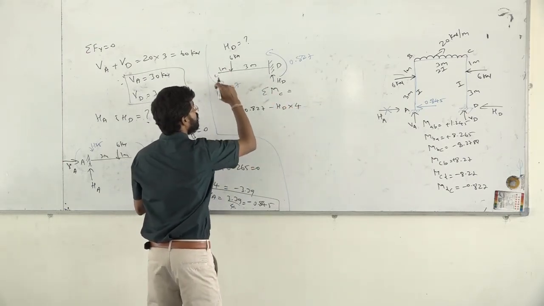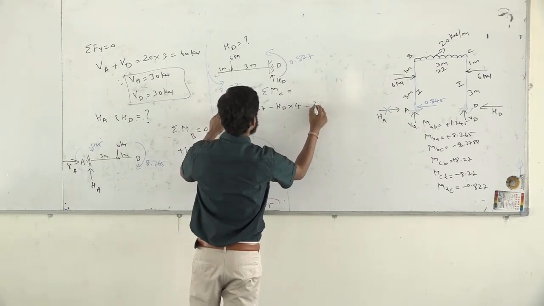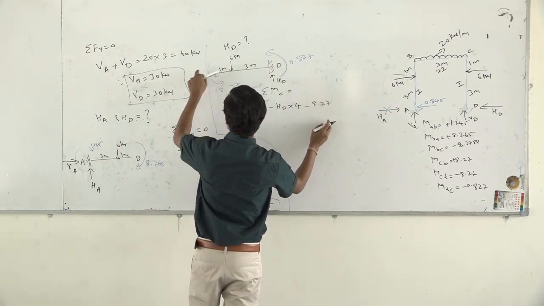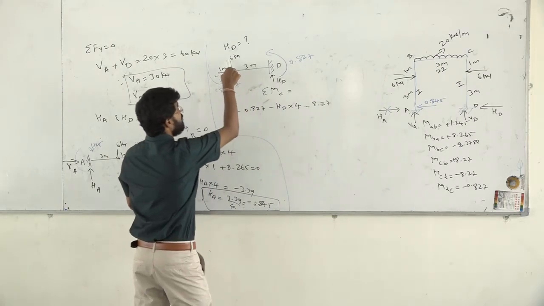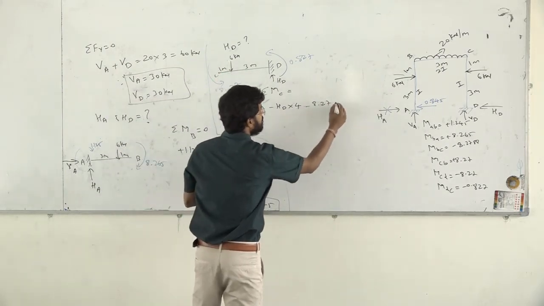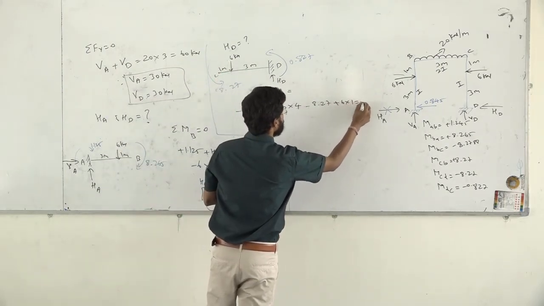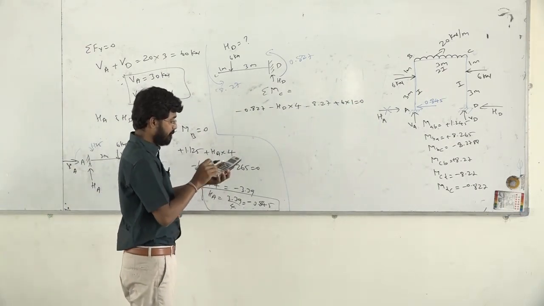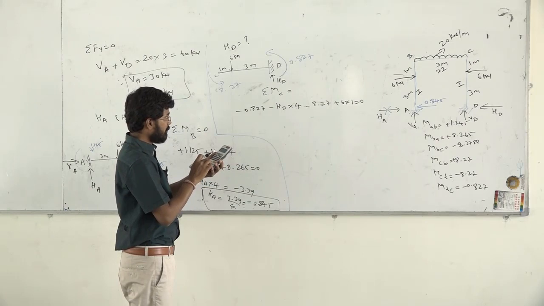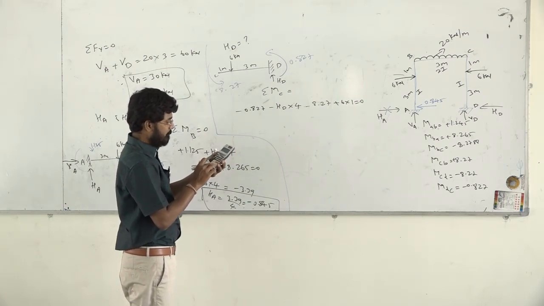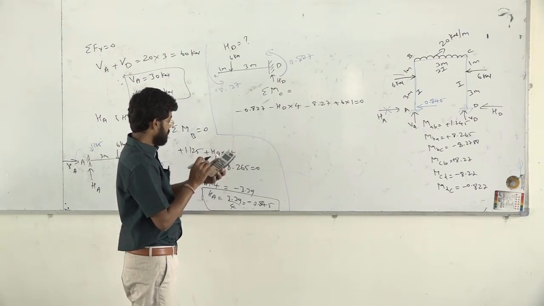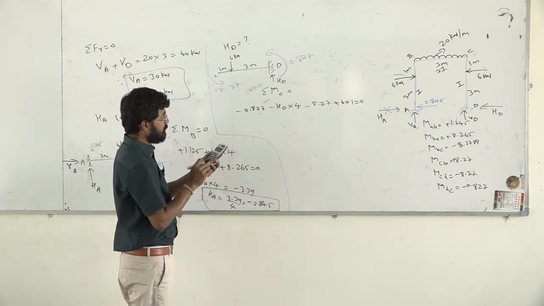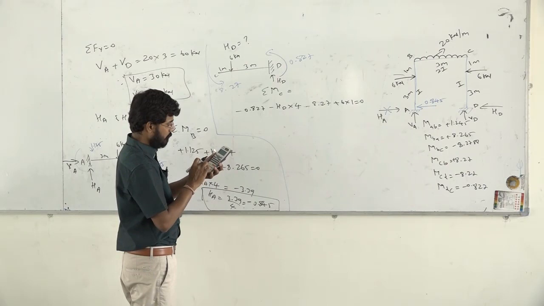This is also going in anti-clockwise direction, so it is minus 8.27. Now even with your 6 kilonewton, this 6 kilonewton is going in clockwise direction. So plus 6 into 1 should be equal to 0. I think you will get the same answer. Minus 0.827 minus 8.27 plus 6, we have got 3.097, which is again divided by 4.